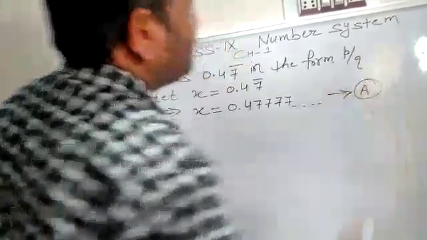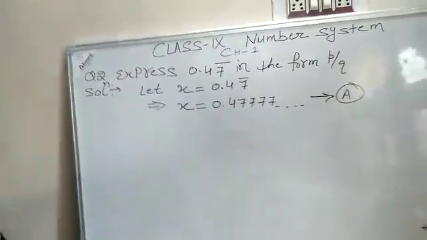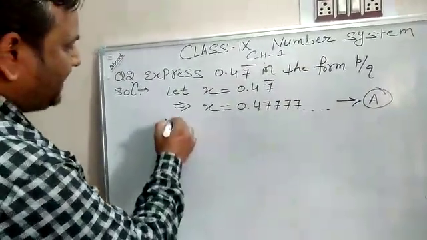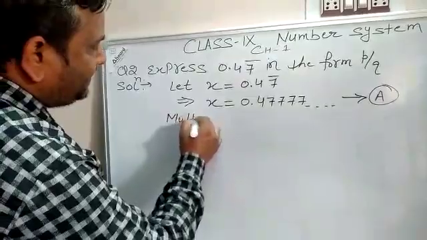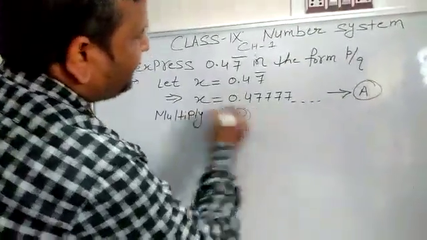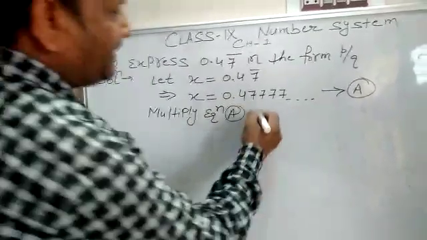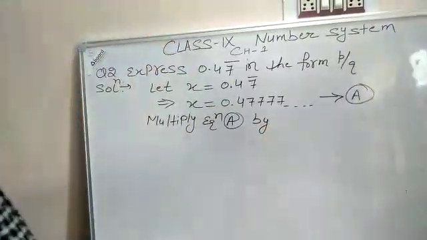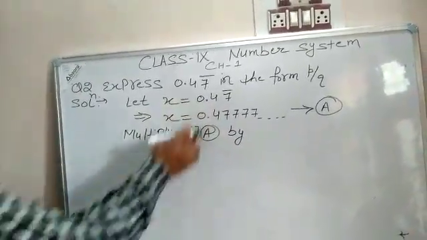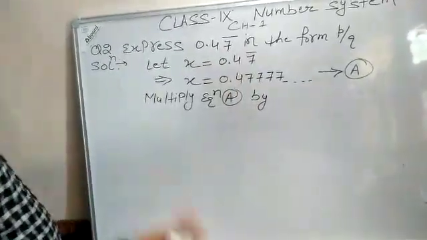I give this number A. So multiply equation A by, first of all you have to multiply the equation by the number which is on the bar.